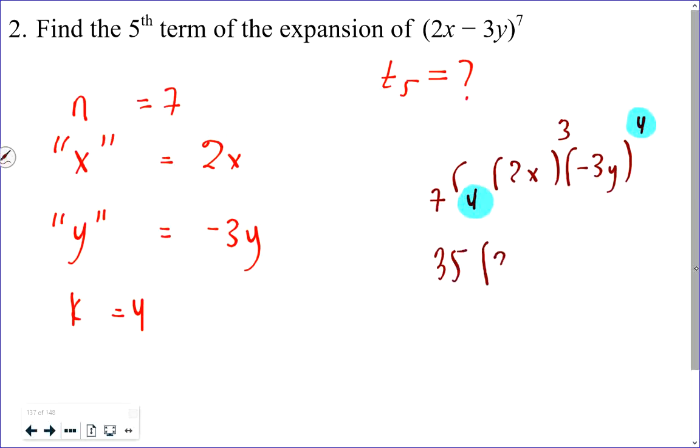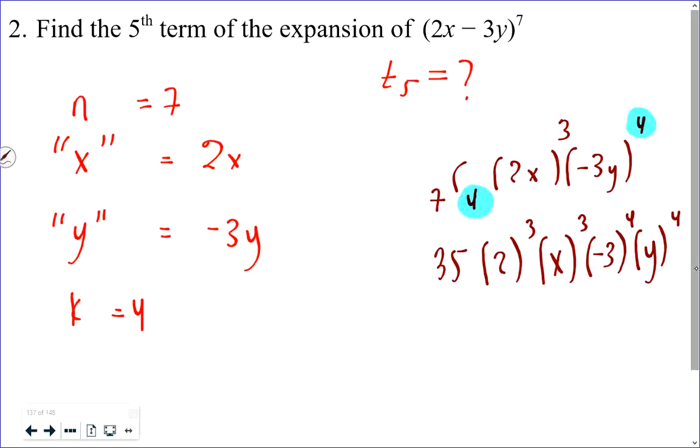This means 2 to the 3 times x to the 3. This means negative 3 to the 4 times y to the 4. So when I said a minute ago the coefficient is 7 choose 4, I said the coefficient based on what we've learned is 7 choose 4.